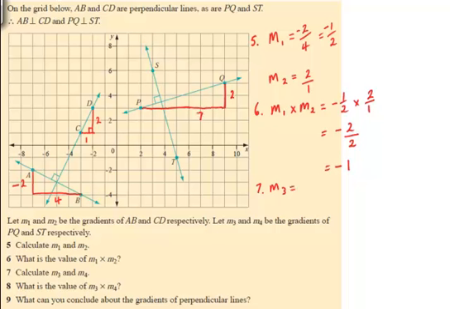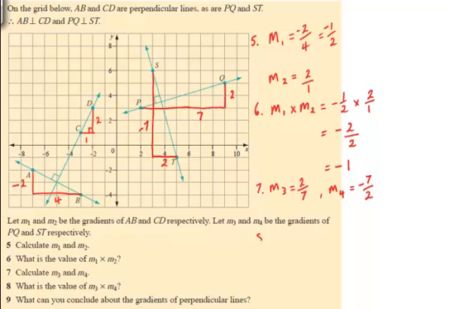So my gradient for M3 is 2 over 7. For my gradient M4, if I look at the line ST, I have a rise of 1, 2, 3, 4, 5, 6, 7. But remember, it's sloping down, so negative 7, and a run of 2. So negative 7 over 2.